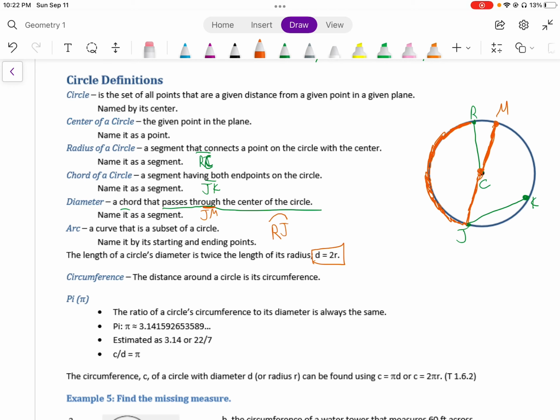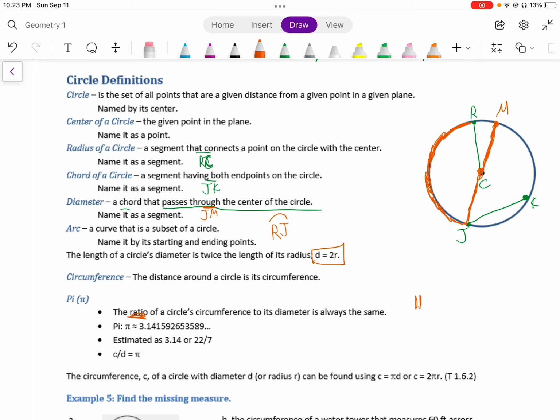The distance around the circle is called the circumference. And a lot of us have heard this term pi before. We know it has to do with circles, but not everyone knows what the definition of pi is. The definition of pi is the ratio, so a fraction, of circumference over diameter.